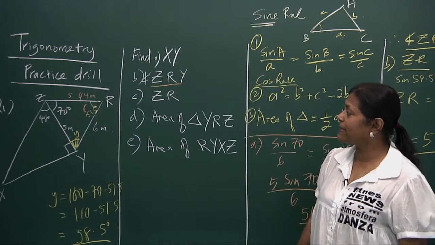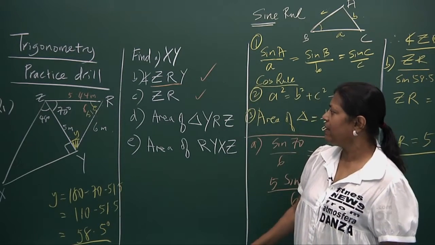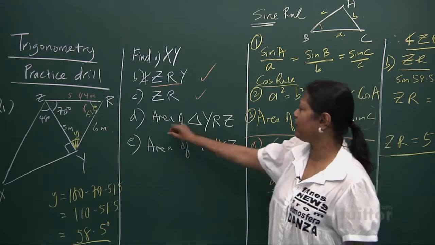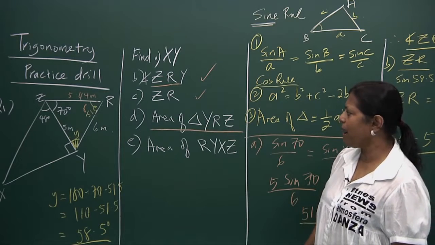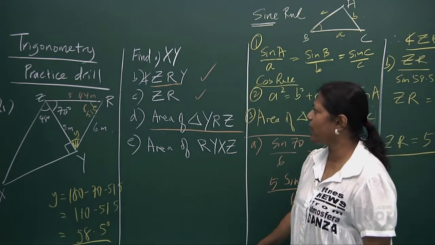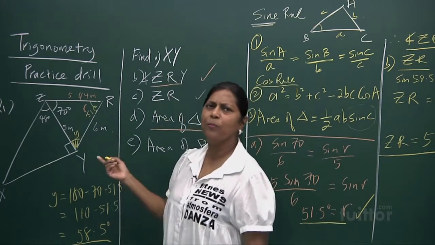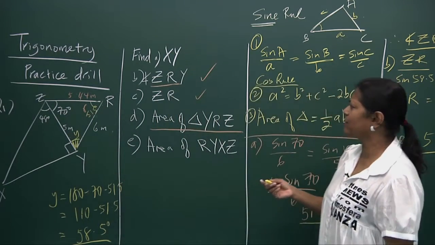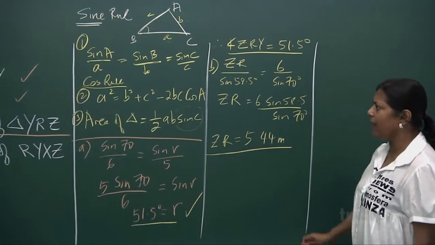Now we will look at the next sum, my dear. So this is answered. They want you to find the area of triangle YRZ. Where is YRZ? This triangle. As I said, I like to draw that triangle out.